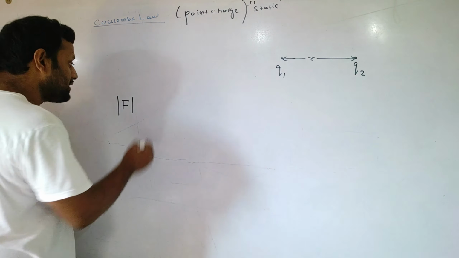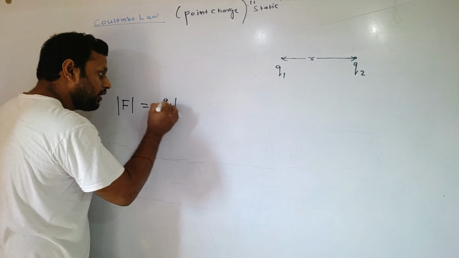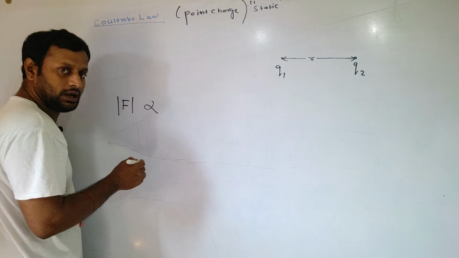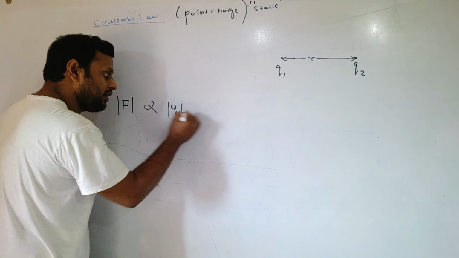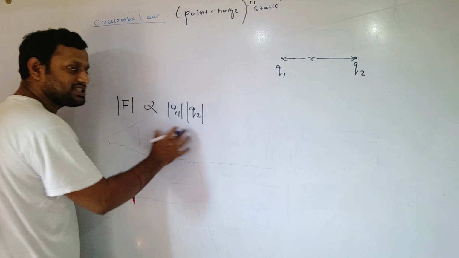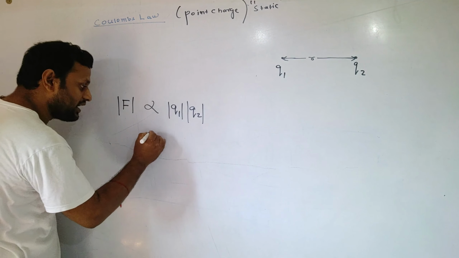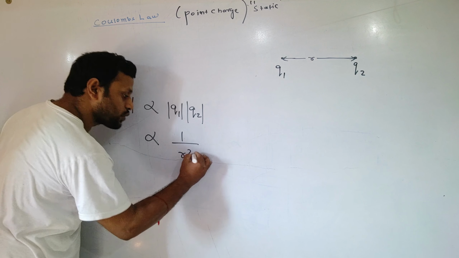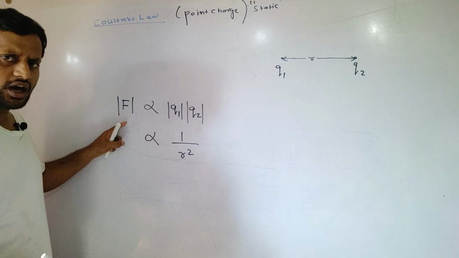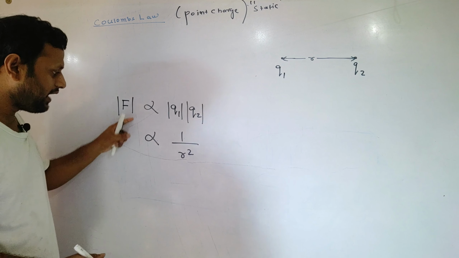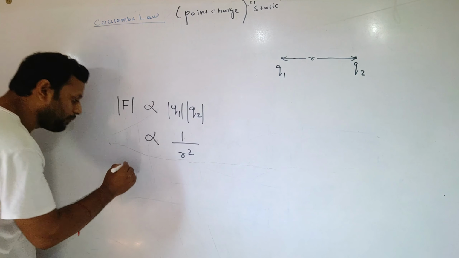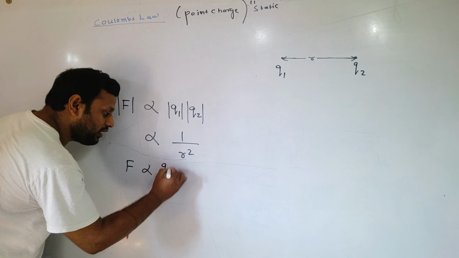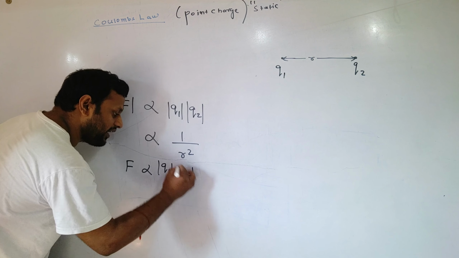According to the law, F is proportional to Q1 Q2, the magnitude of the product of the charges, and inversely proportional to the square of the distance between them, that is 1 by r square. Combining these two, F is proportional to Q1 Q2 by r square.